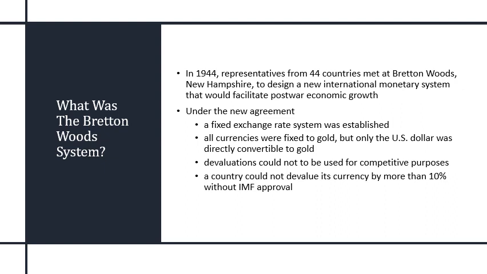Now this means that if you take the Pakistani rupee and you say that this is equal to this amount of gold, it is understandable. But if you want to convert it into gold, you cannot. Similar was the case with the rest of the currencies of the whole world. However, there was only one currency that was directly convertible to gold, and that was the US dollar.